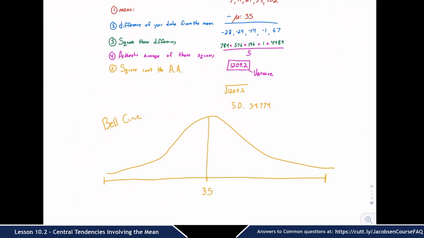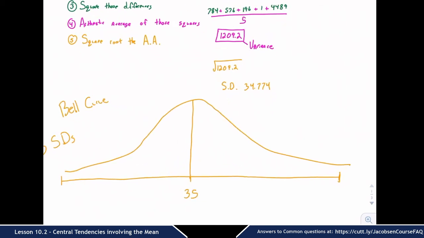From there, you need to draw a total of 3 standard deviations to the left and to the right of your data. So what that means is you need to draw 3 lines going to the left. You need to draw 3 lines going to the right.